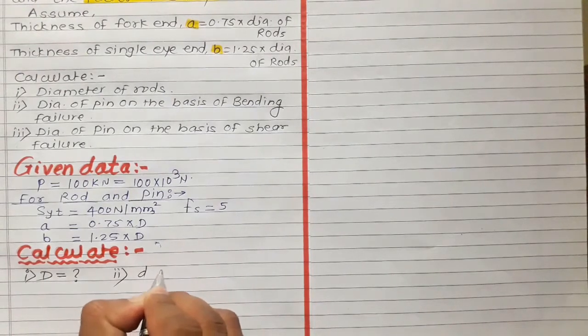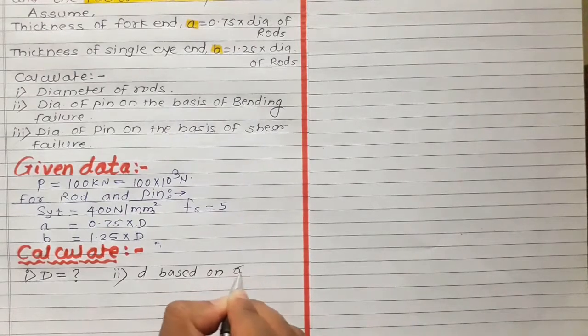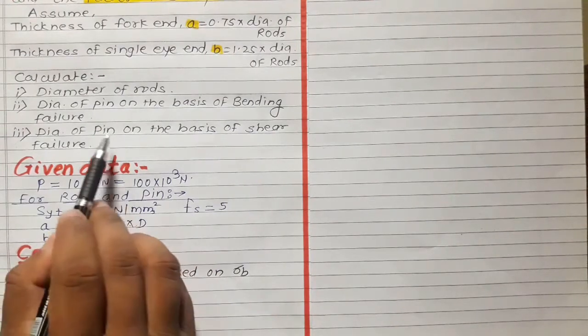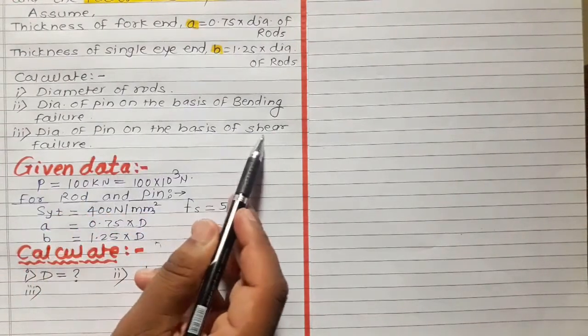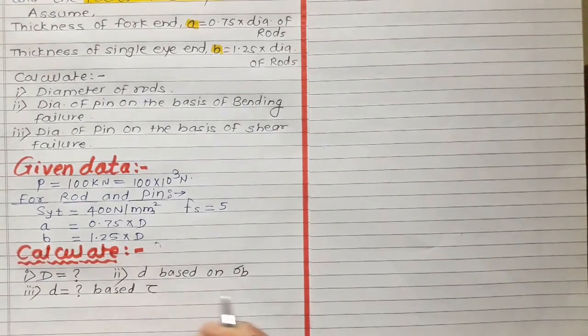So small d based on bending stress, which is denoted by sigma b. The third point is the diameter of pin on the basis of shear failure, that is, on the basis of shear stress. So we have to find the diameter of pin, small d, on the basis of permissible shear stress.